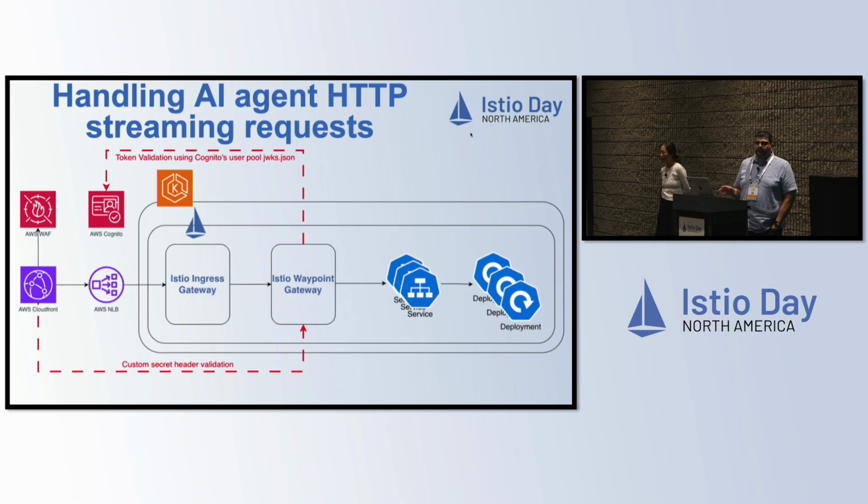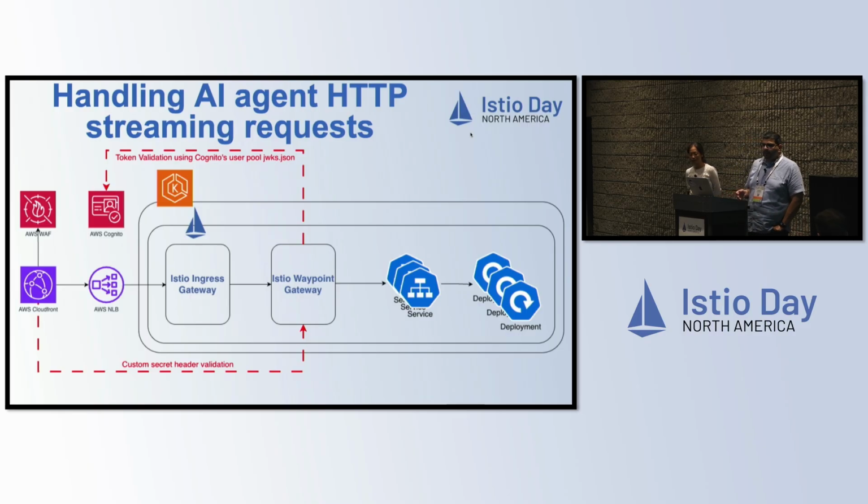So one of the limitations of AWS API Gateway, HTTP API Gateways, is that it has a limitation of 30 seconds for the integrations. And this includes the integration with an NLB. And this mainly will be a blocker for handling AI agent HTTP streaming requests, which in most cases will take more than 30 seconds to complete.